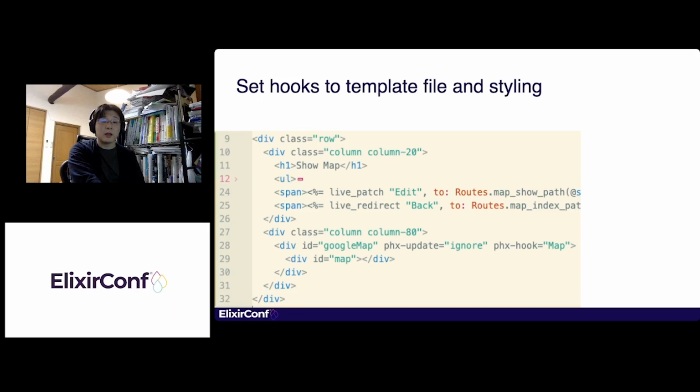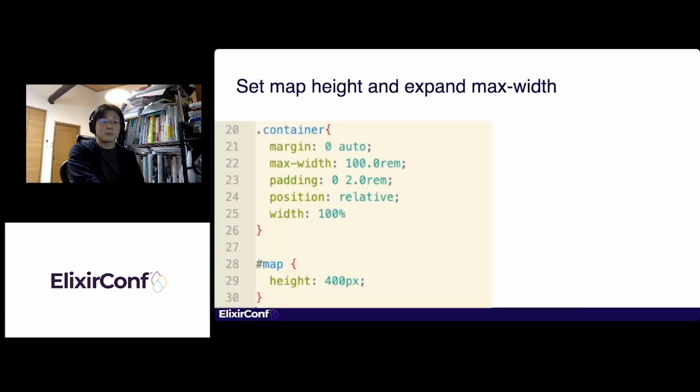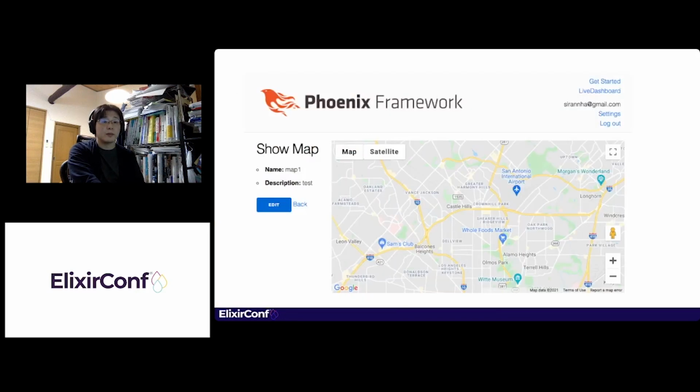Also, an ID is required when setting the JS hook. Set the map height and expand to max width. Google Map renders. Okay, now you are ready.